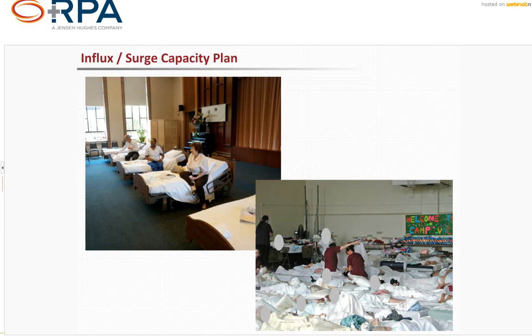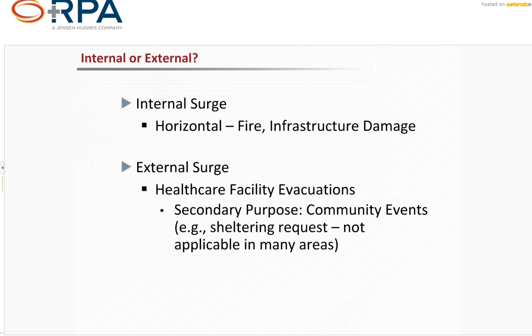So as we start to look at the influx and surge capacity plan, there's a couple of things that we want to start to look at and evaluate. And there's also a couple of tools that we're going to provide for you to be able to assess your own buildings, to look at what we can do when it comes time for handling that internal surge and that external surge.